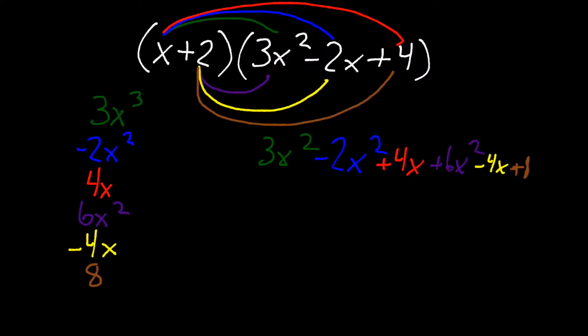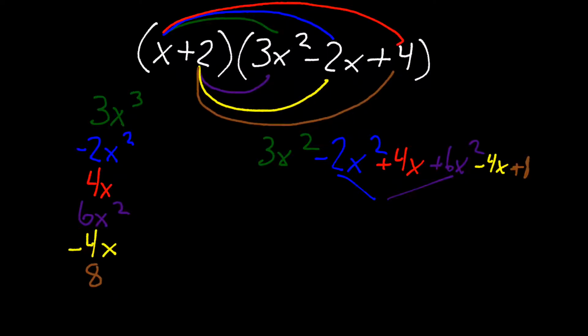So, well, do we have any common terms? Hopefully we can see that I have a negative 2x squared and a positive 6x squared. So these are going to get combined as long as I use the right colors.